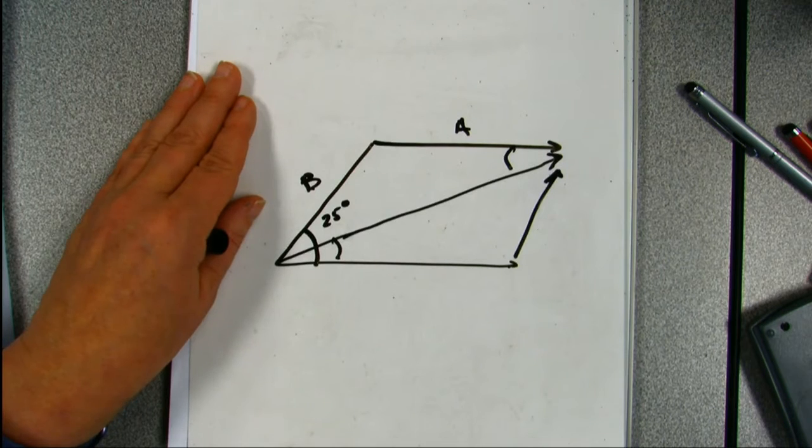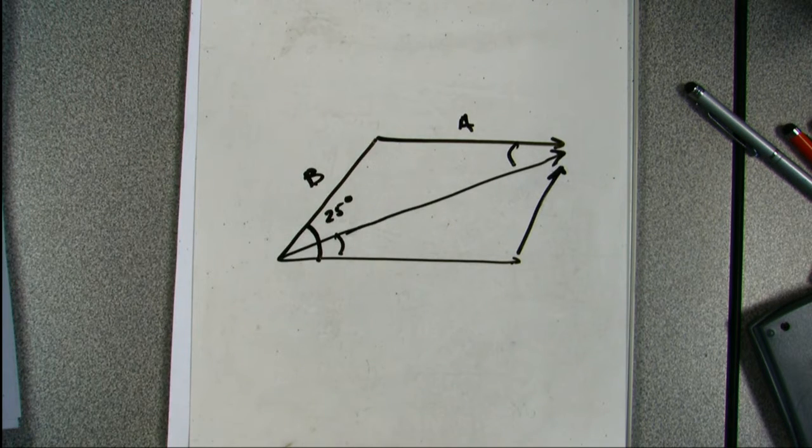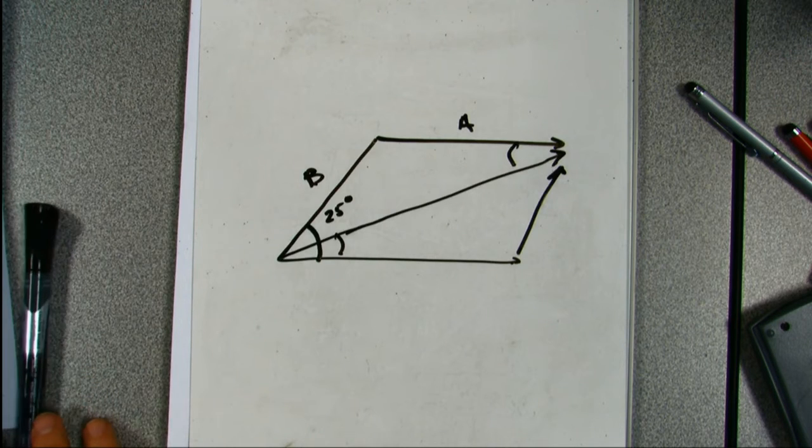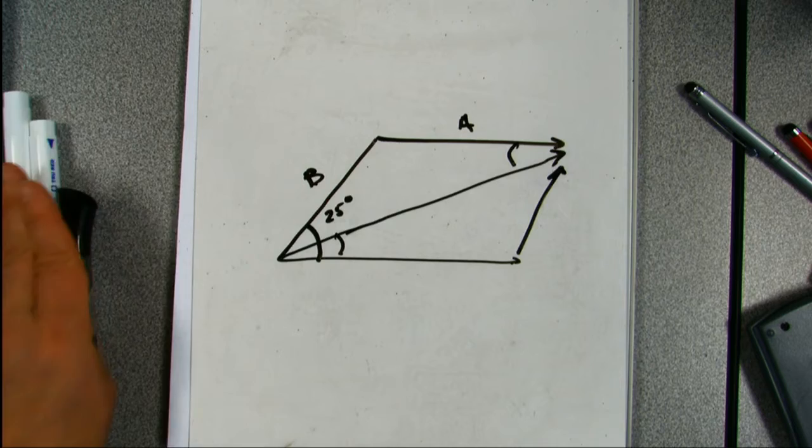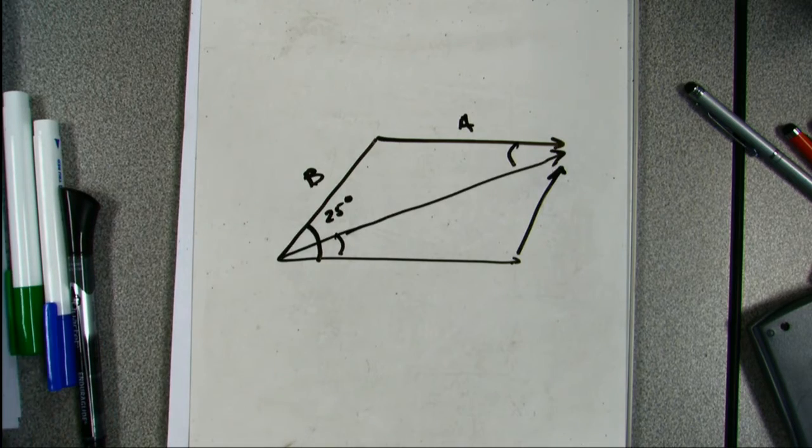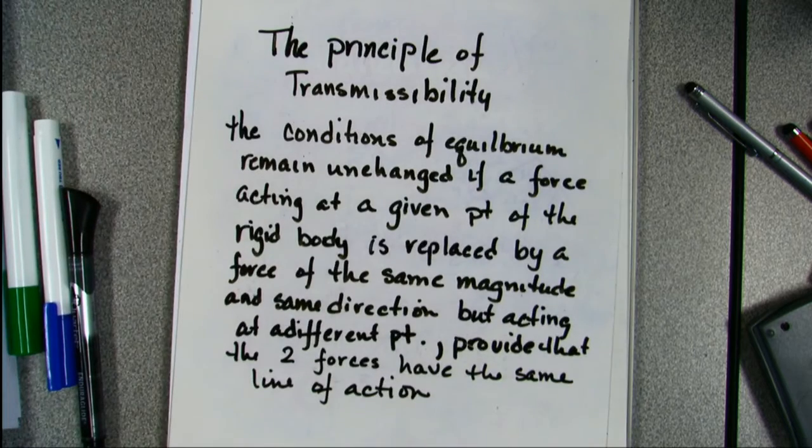So when we draw our pictures, we can get a whole lot of different information. But that principle of transmissibility allows me to slide my forces around.